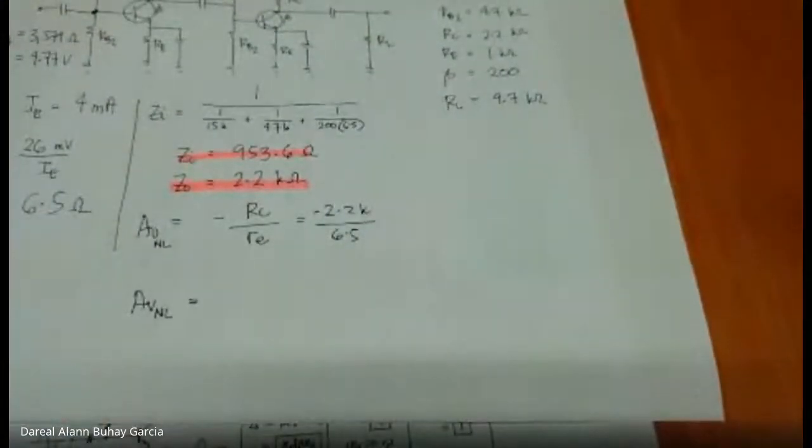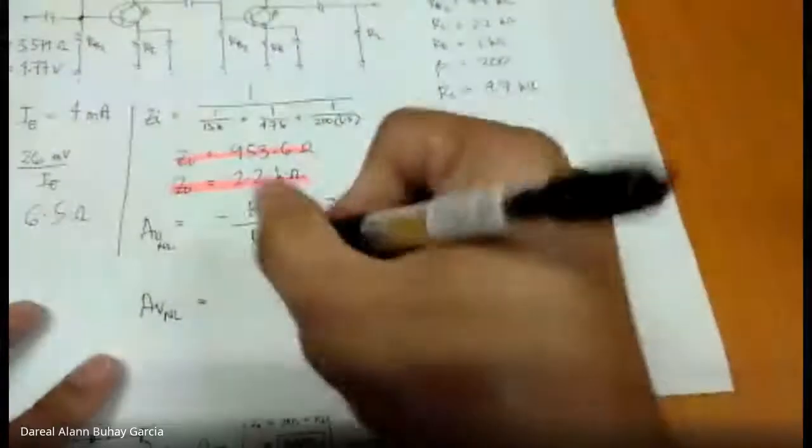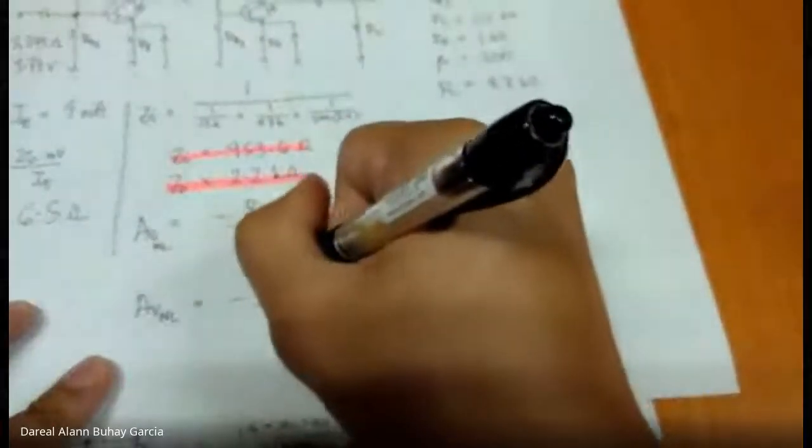Okay, so the AVNL for both amplifier configurations is negative 338. Paparadali, negative 340 na lang ni. Negative 340. Okay?